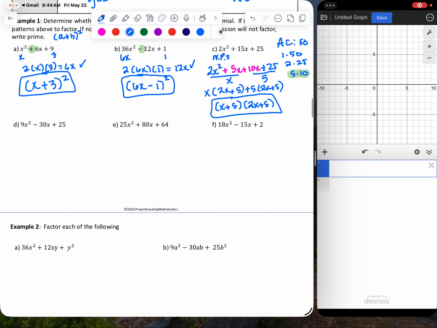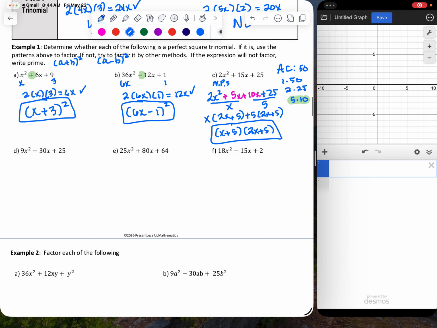All right, problem D. We have 9x squared minus 30x plus 25. So the square root of my first term is 3x. The square root of my last term is 5. If I multiply those and double them, will I get 30? So 2 times 3x times 5. That is 30x.